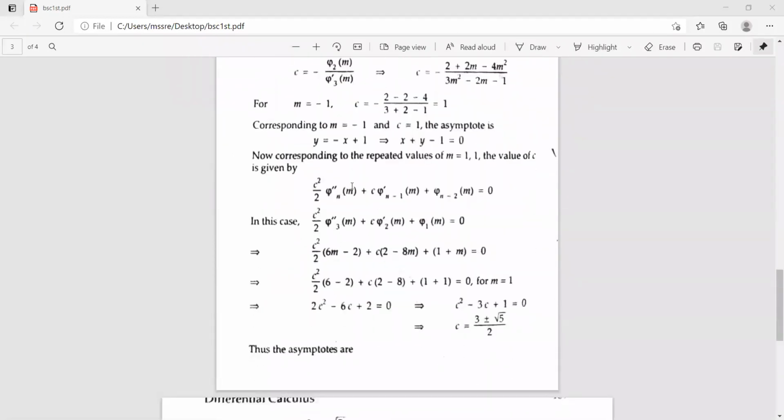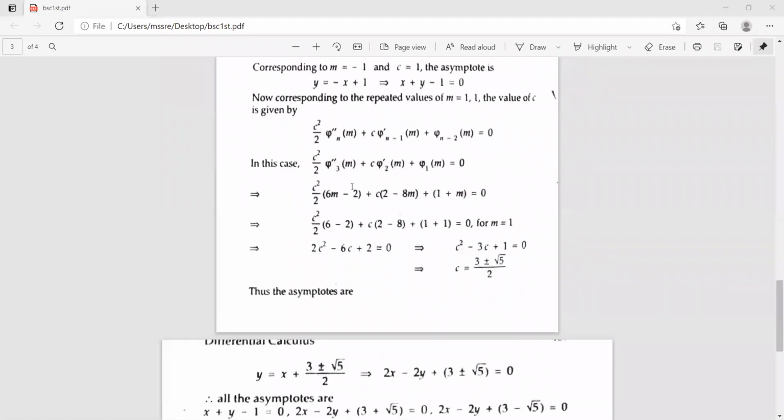So what you will get is c square by 2 into pi 3 double dash of m plus c into pi 2 dash of m, giving n as 3, 3 minus 1 is 2, plus pi 1 of m, 3 minus 2 is 1, pi 1 of m equal to 0.